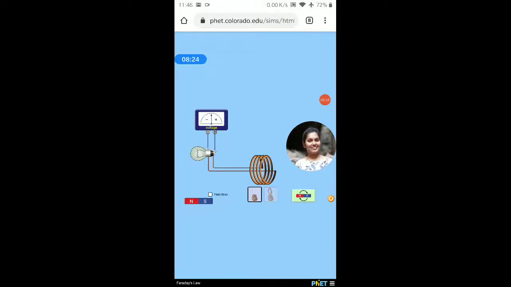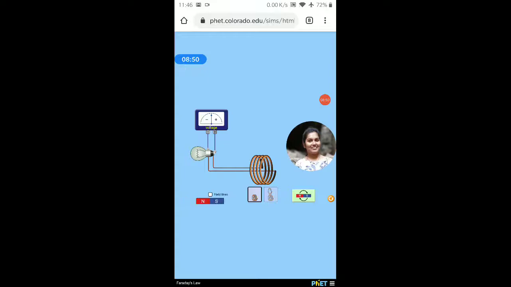According to Faraday's laws of electromagnetic induction, when a current carrying conductor is placed in a magnetic field, that magnetic field causes the current carrying conductor either to move from its position or twist or generate some kind of energy. This can be proved with this simulation.